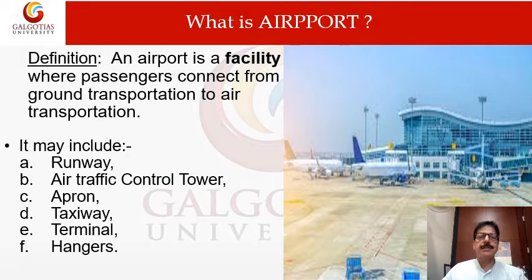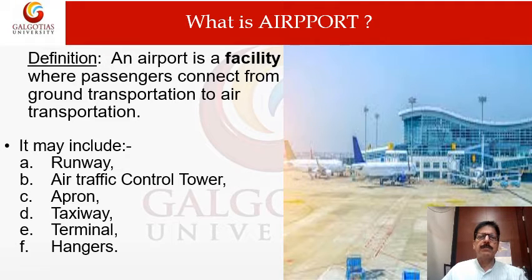This airport is a facility where passengers connect from ground transportation to air transportation. The destination may be any domestic destination or it may be outside your own country's periphery or Indian airspace. So across the globe they can move from one place to another.